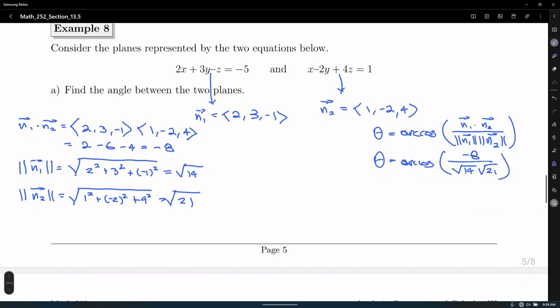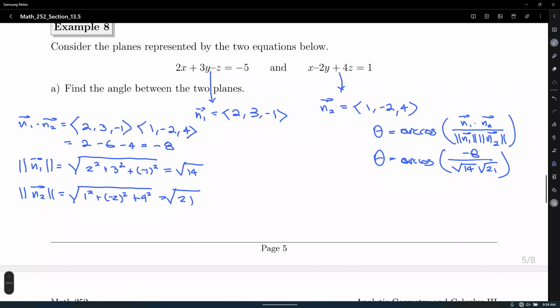Okay, so using our calculator, there's going to be a little catch here. Check this out. So we're going to get 117.8 degrees.